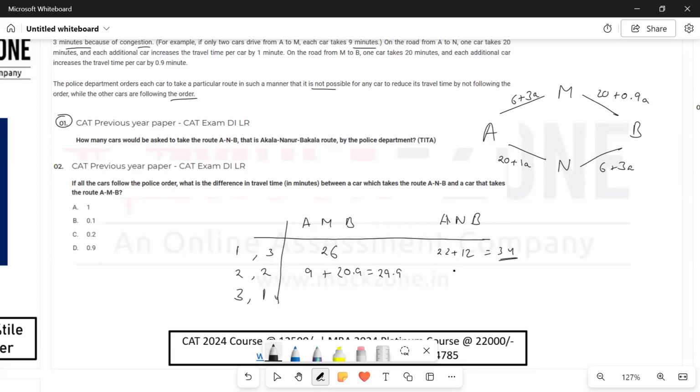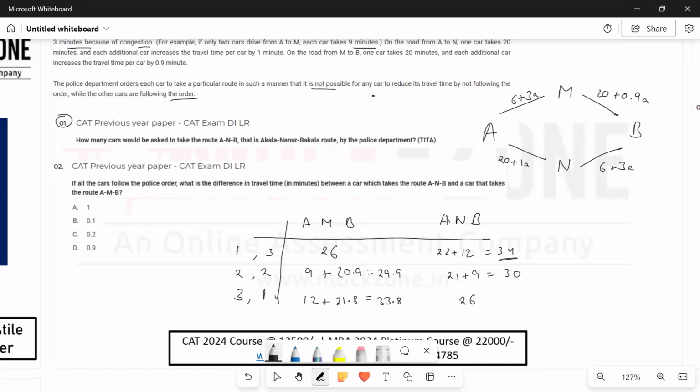And this will be 21 plus 9. This will be 30 minutes per car. And in case of 3 and 1, it will take 12 plus 21.8. This is 33.8 minutes. And this one will take 20 plus 6, 26 minutes.